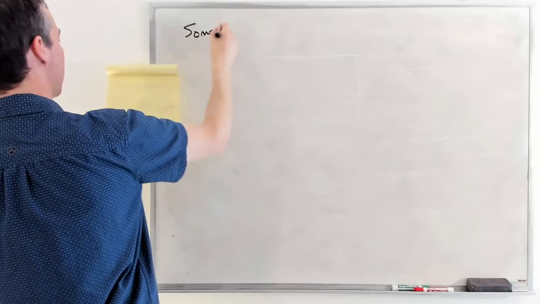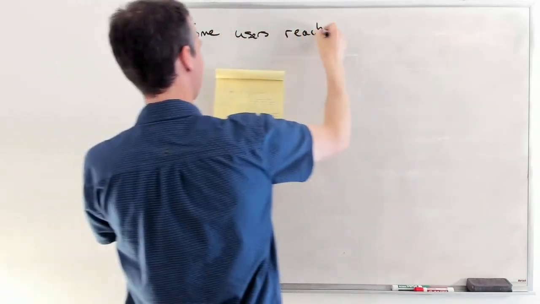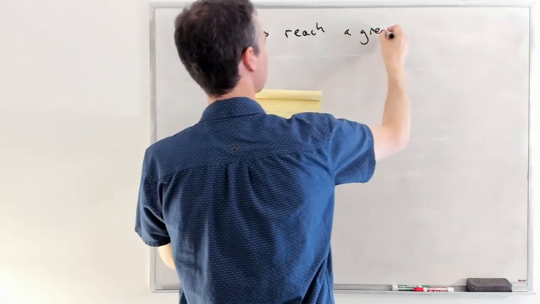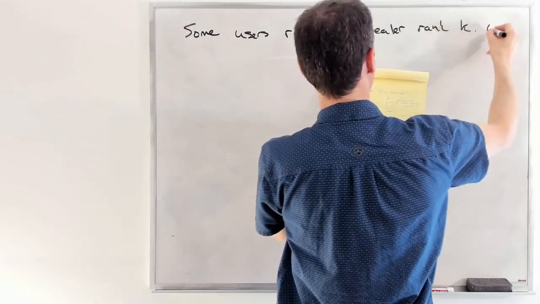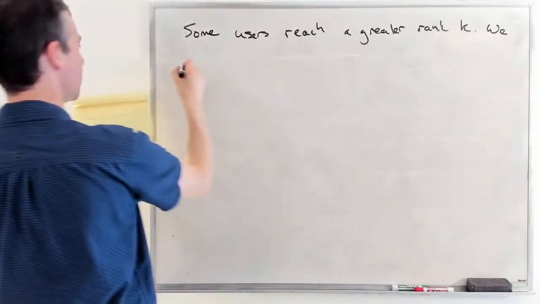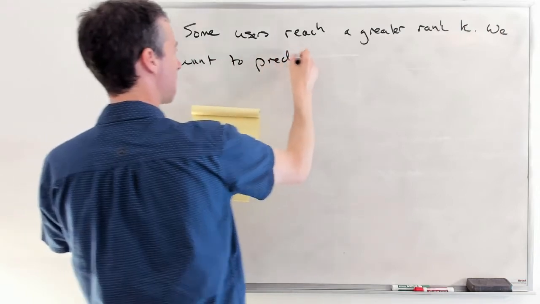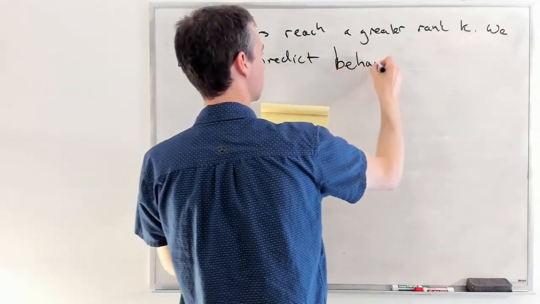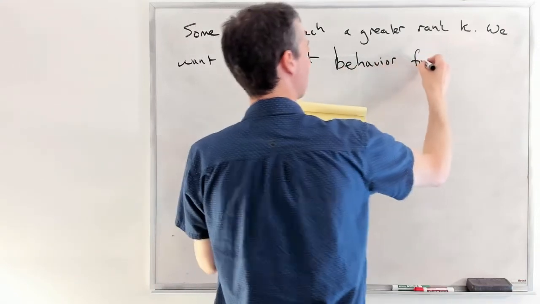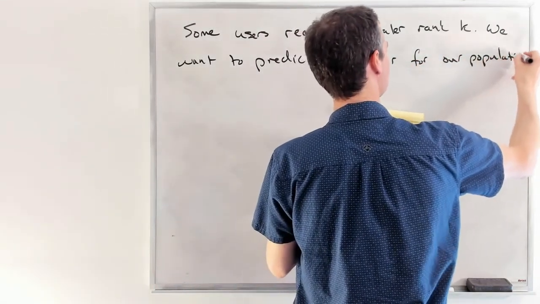So to write this out, some users reach a greater rank K. And I've said that we want to predict behavior for our population of users.